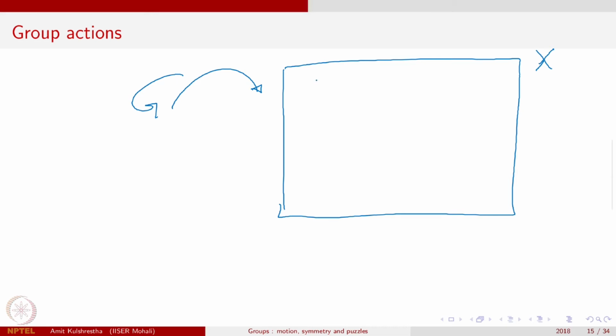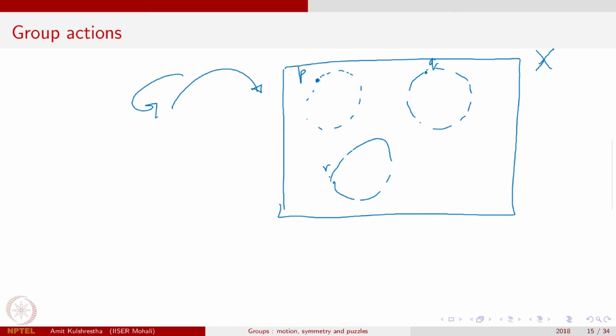Now I take a point P and I can consider all those points where P can go under the influence of G. So P can go to various points. So I consider all those points which are there in the orbit of P. So whatever is outside it, some other point, say Q, I consider orbit of that. Some other point R, I consider orbit of it.